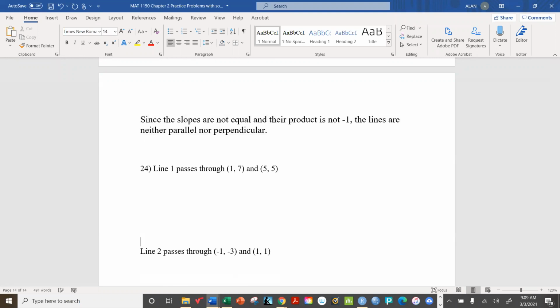All right, let's see what's going on down here. Okay, so for this one, the slope is 5 minus 7 over 5 minus 1.